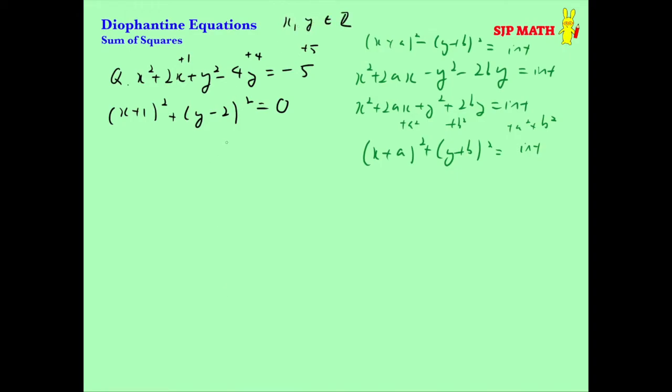So x and y are integers, so they're real numbers, and so these are squares of real numbers, which means that they are larger than or equal to 0. But they sum to 0, which means that they both have to be equal to 0, because their smallest value is 0. So x plus 1 is equal to 0, and y minus 2 is equal to 0. So x is equal to negative 1 and y is equal to 2.